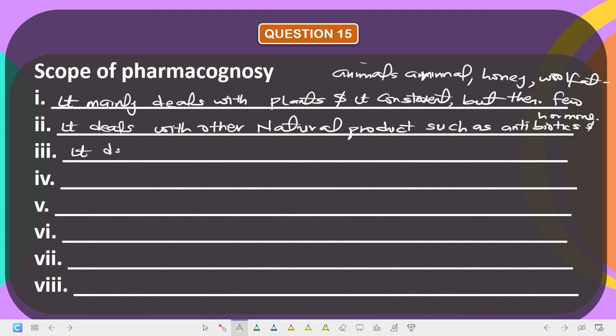Then it deals with products that have no therapeutic effect or pharmacological effect, but are important to the study of pharmacognosis, like those used in drug formulation.